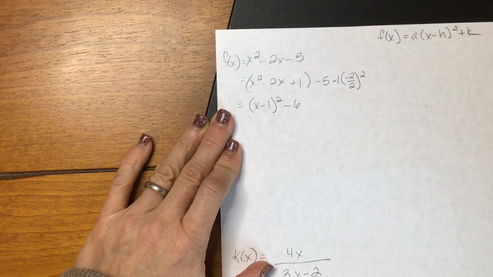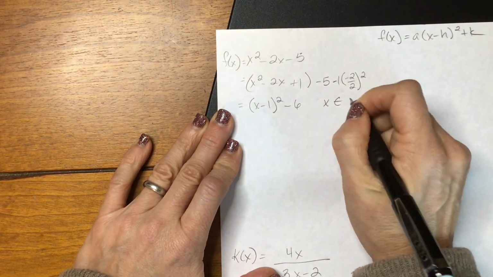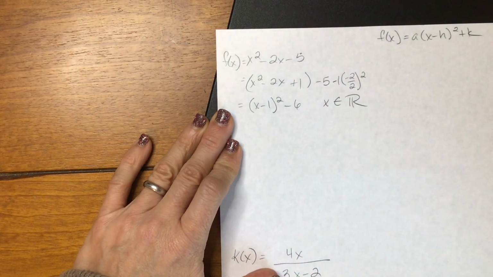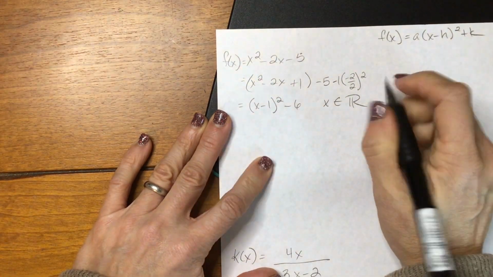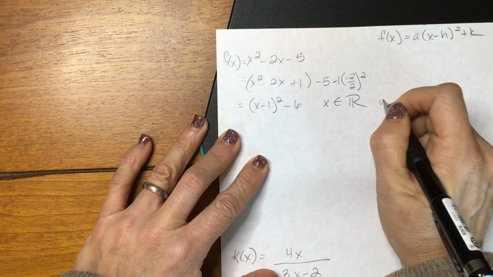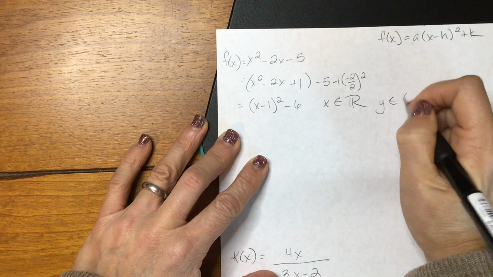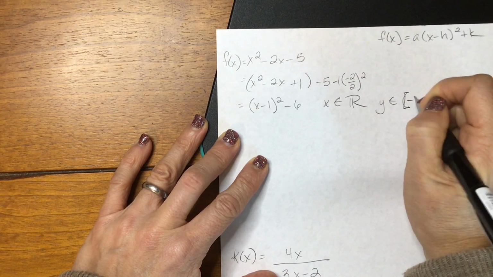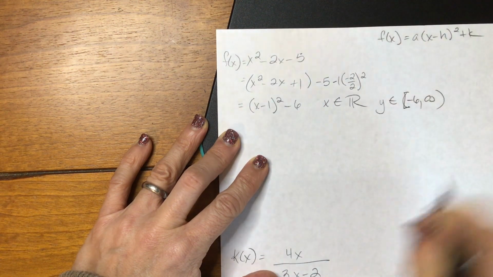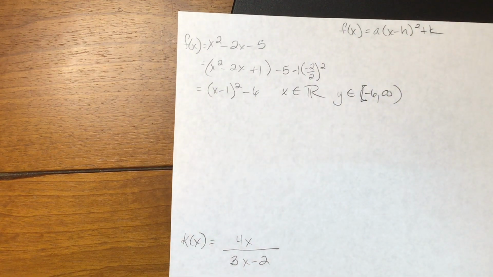What's nice about this is now I can see that my original domain for parabolas is always all real numbers. And I can see that my range for this, since it's facing up, has to be, oops, that should be a bracket, negative 6 to infinity. Now, if we're going to find the inverse of this, we want to restrict our domain.